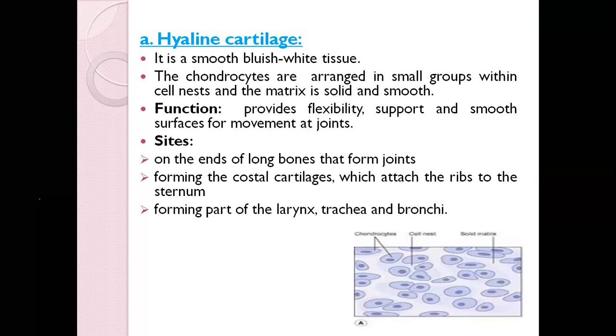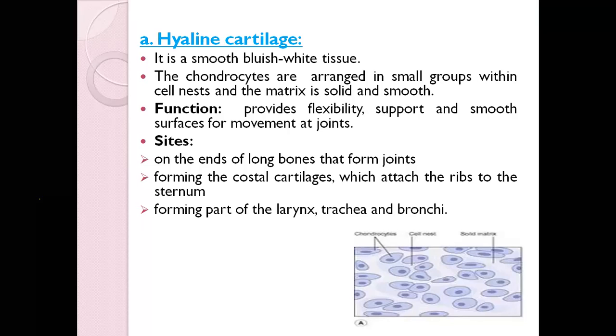And the matrix is solid and smooth. So what is the main function of this hyaline cartilage? It provides flexibility, support, and smooth surfaces for the movement in the joints. So these usually help in all of those.